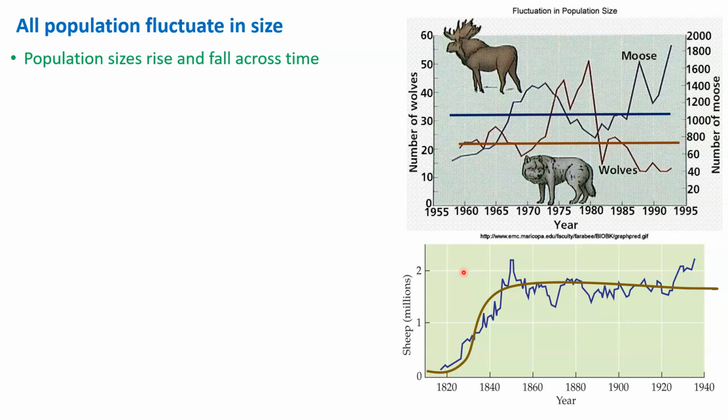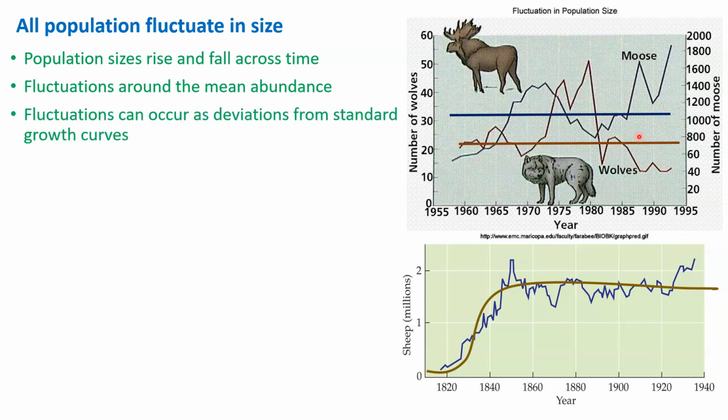Population sizes can rise and fall across time, right? And that fluctuation, as you can see in this moose versus wolf population, could be quite dramatic, and yet these fluctuations do tend to stay around a particular mean value. Nonetheless, the fluctuations are inevitable. In the real world, you will never get those smooth population curves.